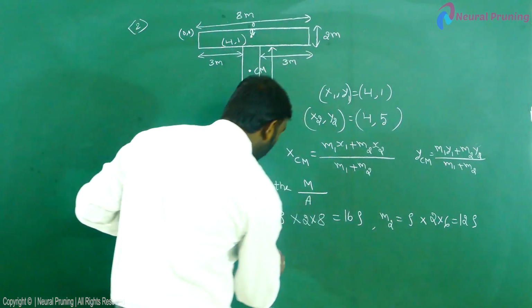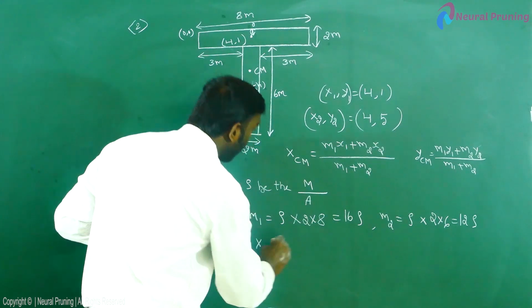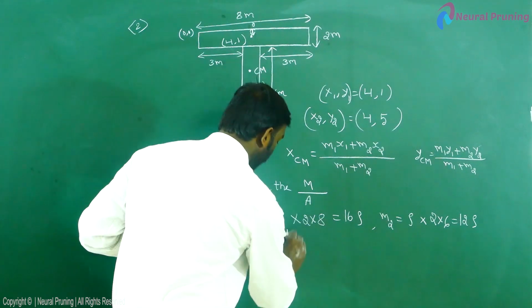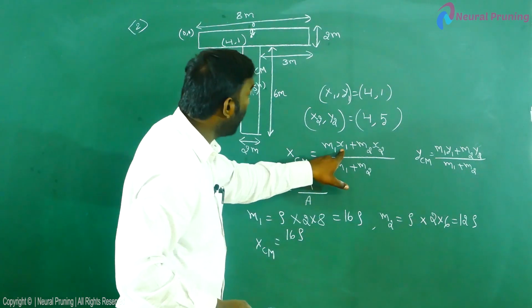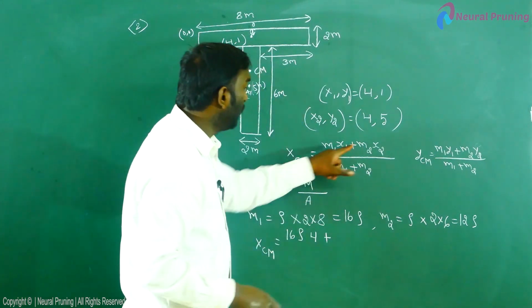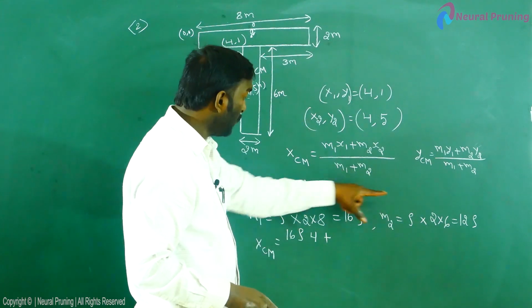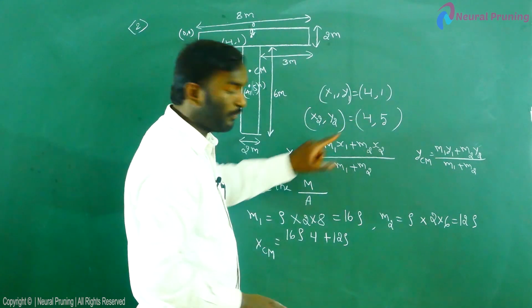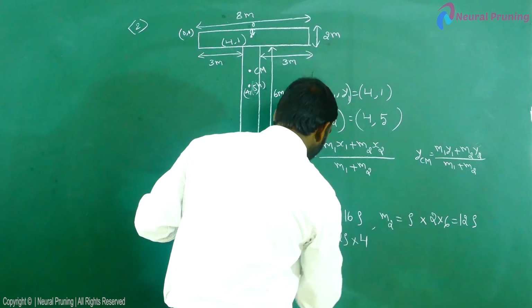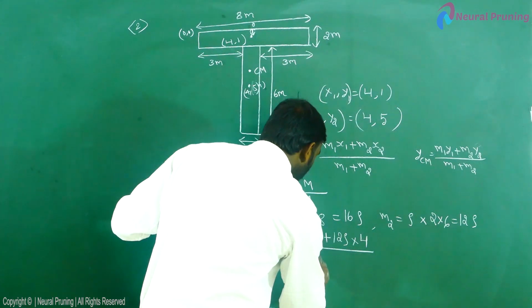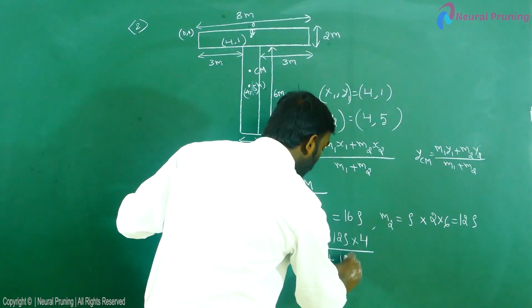So XCM is equal to m1, which is 16 rho, into x1, which is 4, plus m2, 12 rho, into x2, which is 4, whole divided by m1 plus m2, 16 rho plus 12 rho.